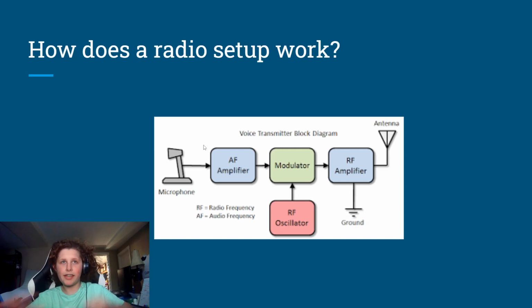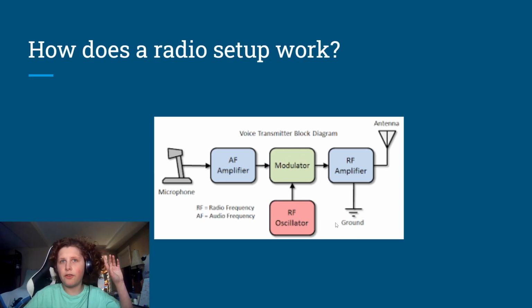That is then amplified, so it's made louder, and then it goes through this modulator, which just turns it into a radio wave. There's a difference between sound waves and radio waves, but this modulator just turns sound waves into radio waves.